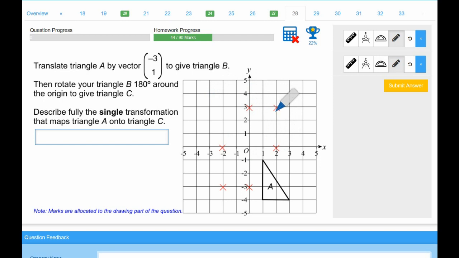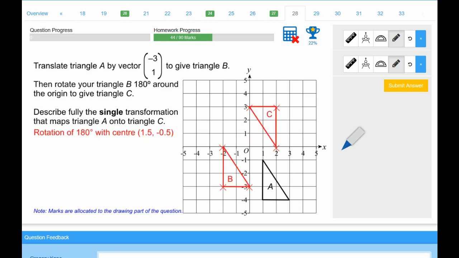The question is going to be, where is my center of rotation? And one of the ways of doing that would be to get some tracing paper to sketch this out and try different points till I find one that gives me that change. And there is your answer. It is a rotation of 180 and it is a center 1.5, minus 0.5.